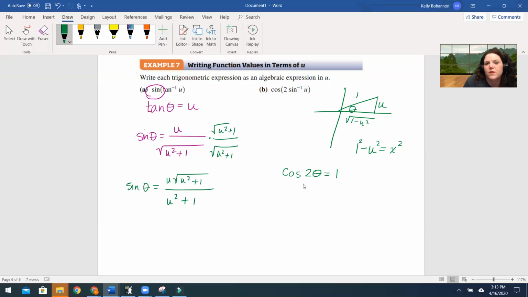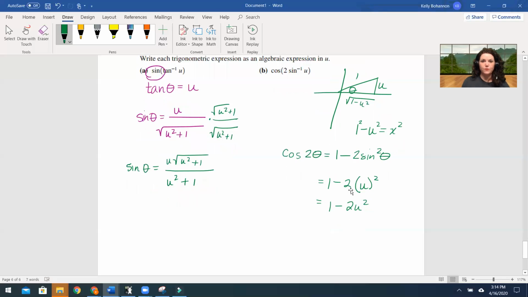So let's use the one that's 1 minus 2 sine squared theta. So let's see. That means it's going to be 1 minus 2 u squared, which is 1 minus 2u squared. And that's it. It's in terms of u, and that is all I can do.